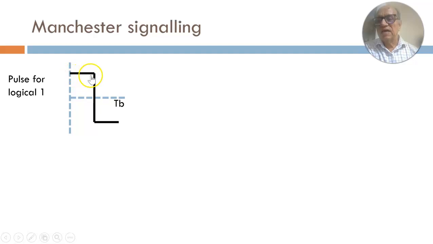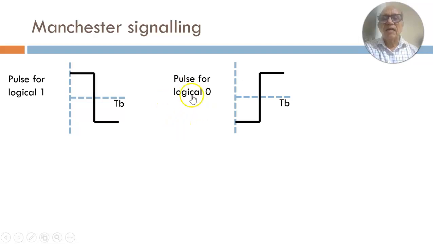So you start with a high value, then around TB by 2, it becomes low and remains low. So it is this negative edge essentially which denotes the logical 1. And the pulse for logical 0 has an edge in the upward direction. So it starts with 0, jumps to high and then remains high. This is the basic technique of Manchester signaling.